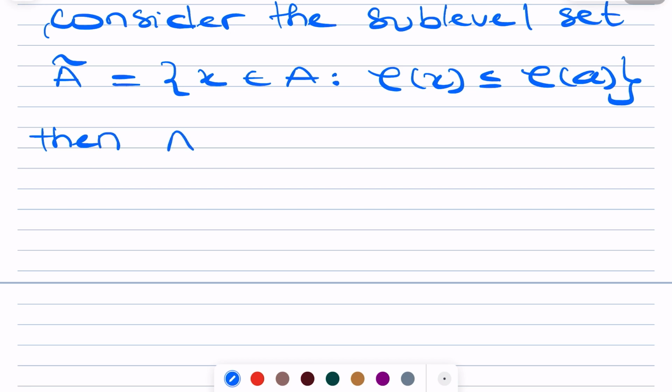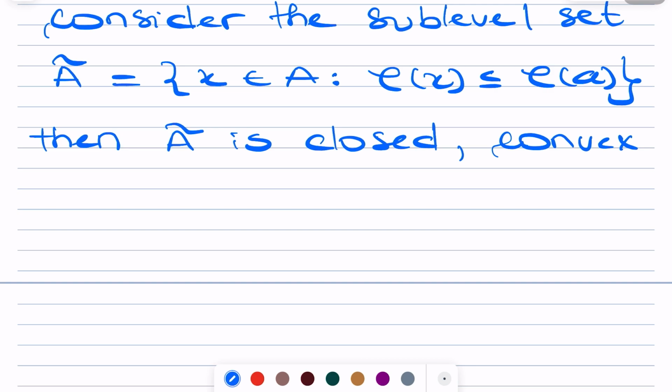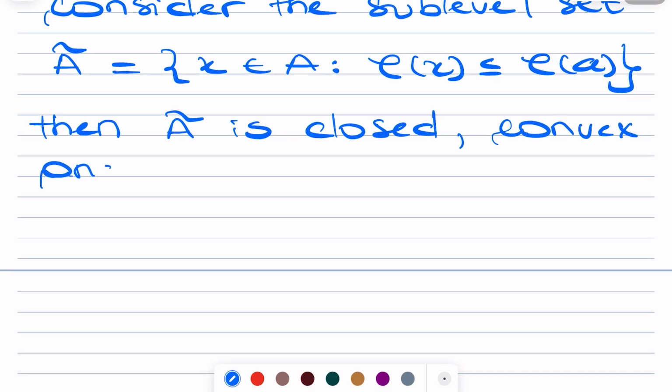Then A tilde is closed, convex, and bounded.